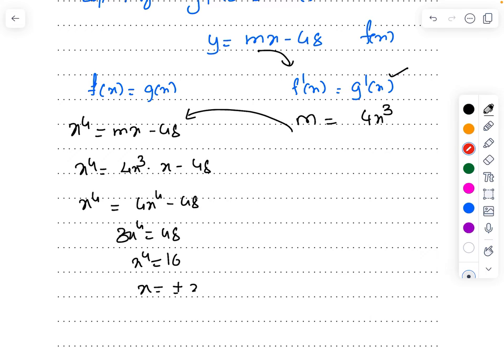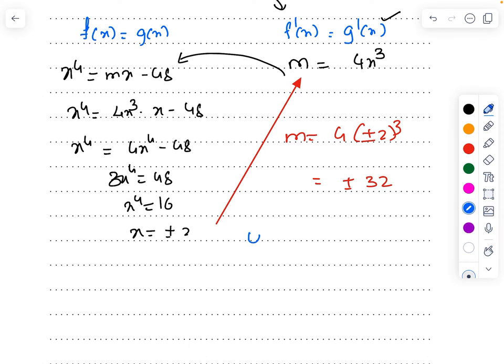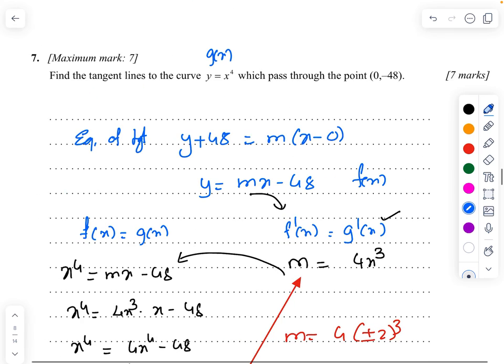If x equals plus or minus 2, plug in this x value to get the value of m. 4 times (plus or minus 2) whole cube, which is plus or minus 32. So if it is plus 32, it will become 32x minus 48. If minus 32, minus 32x plus 48, these will be the equations of the tangent lines.